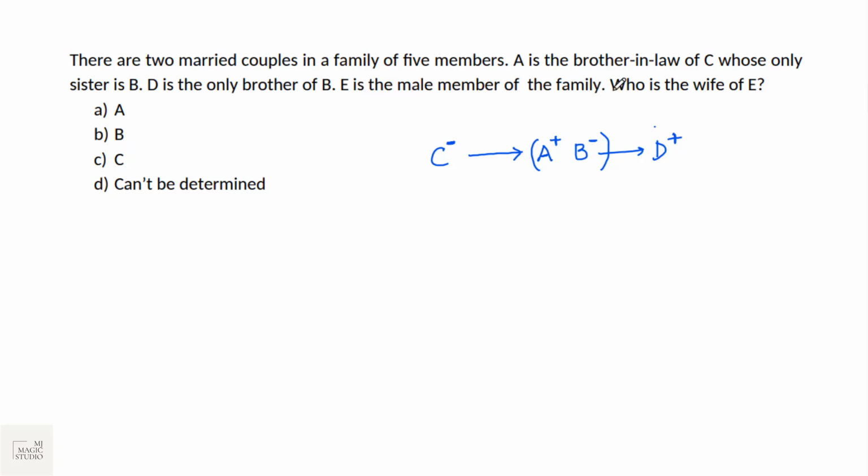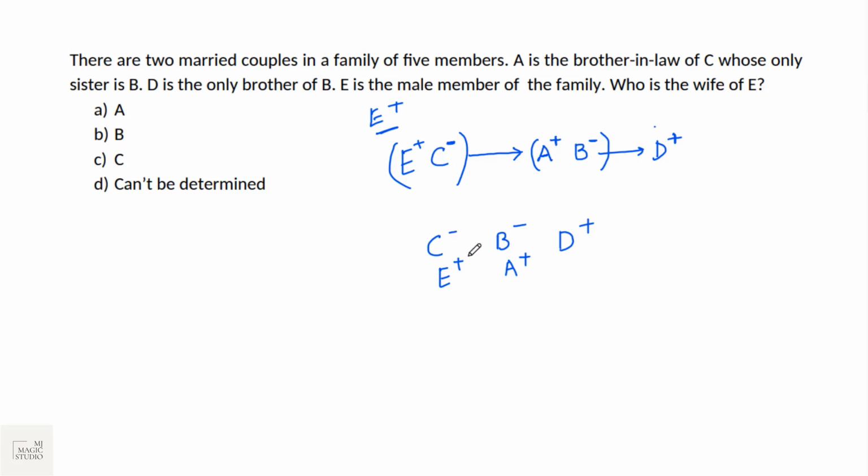E is the male member of the family. That means this male member is married with this female member. So we have a family of 2 sisters, C and B, and 1 brother D. B is married to A and C is married to E because E is male.